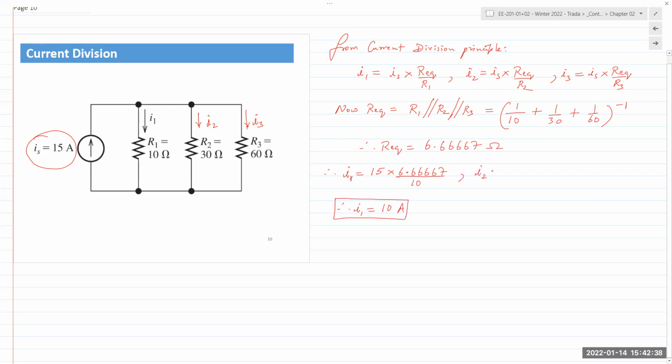Whereas I2 will be 15 times 6.6667 divided by 30. So I2 is equal to 3.3333.